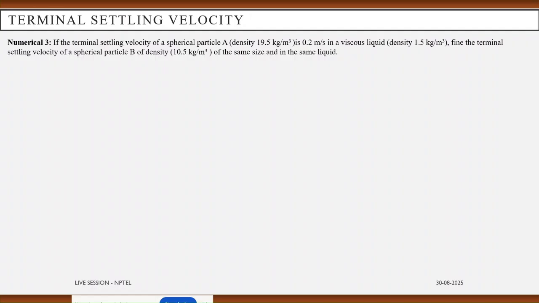Now we are moving towards the next numerical. It says that if the terminal settling velocity of a spherical particle A is 0.2 meter per second in a viscous liquid, find the terminal settling velocity for the spherical particle B of different density for the same size and same liquid.